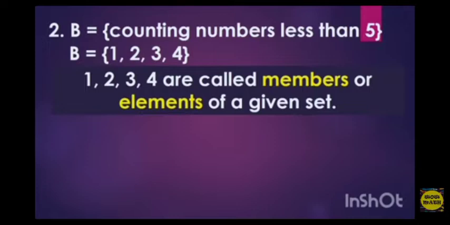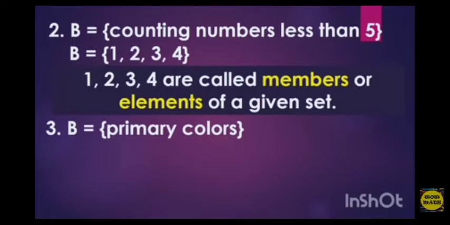So the least element in the set must be 1, and these numbers should be less than 5. So we only have 4 members or elements in the set. We have 1, 2, 3, and 4 to satisfy what is given in set B, counting numbers less than 5.